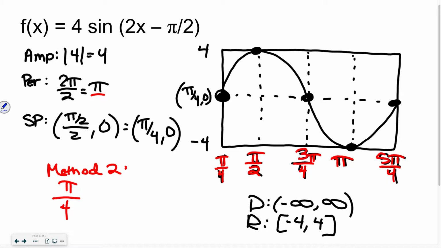And then I can go through and label my points. So this is pi halves, 3/4 pi, comma, what am I at, 0. This is pi, negative 4, and this is 5 pi fourths, comma 0.